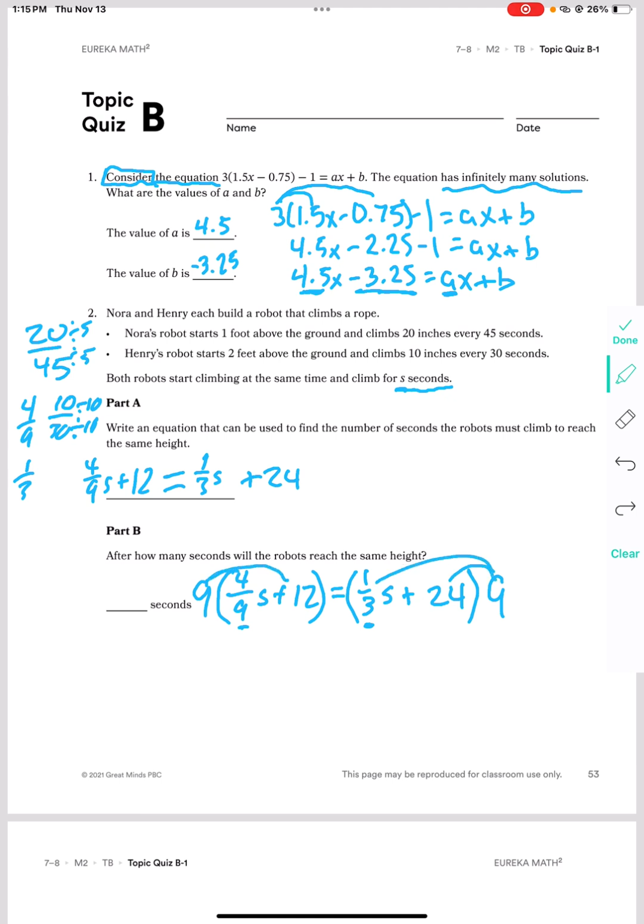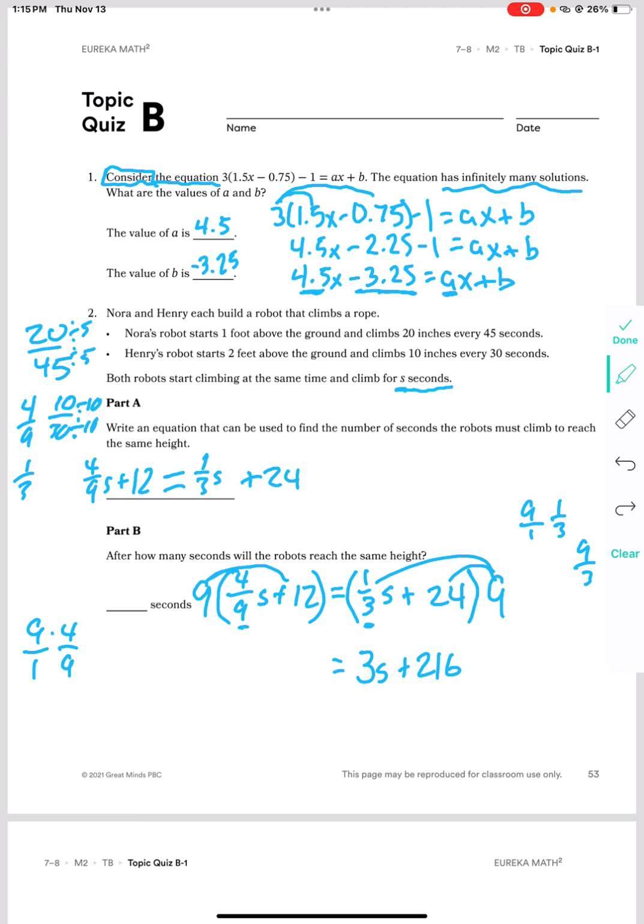On this side over here, that would be 9 times 1/3 S, so 9 over 3, which if you reduce it would be 3S. Then 9 times 24 would be 216. Then over here on this side, you have 9 times 4 over 9.